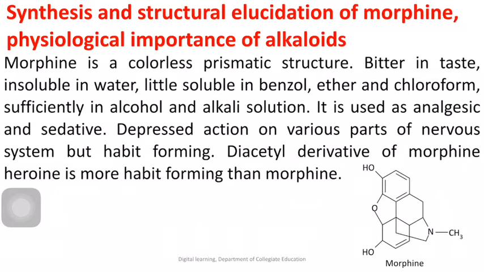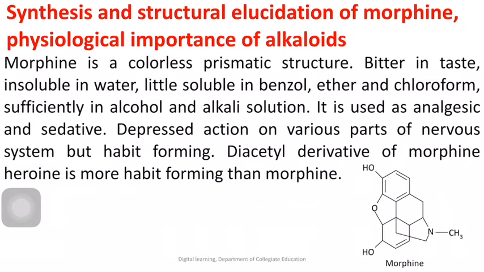Morphine, as I mentioned in the previous session, belongs to the isoquinoline alkaloids. That means it contains the isoquinoline heterocyclic moiety. It is a colorless compound with prismatic structure.